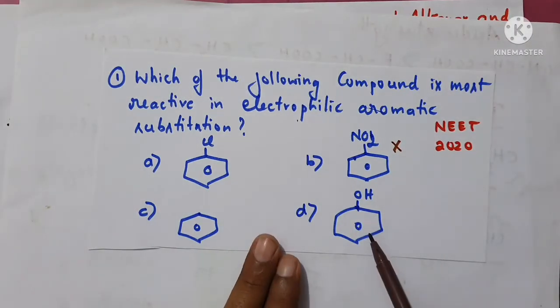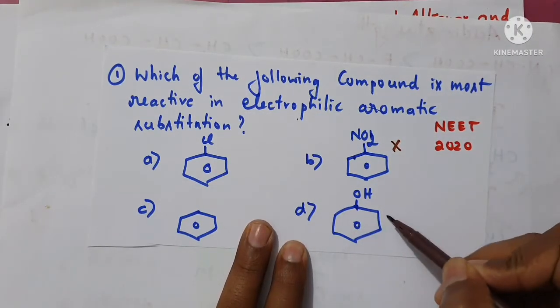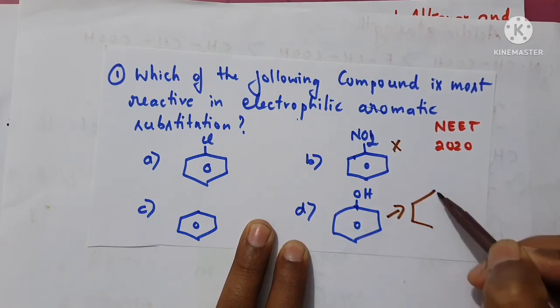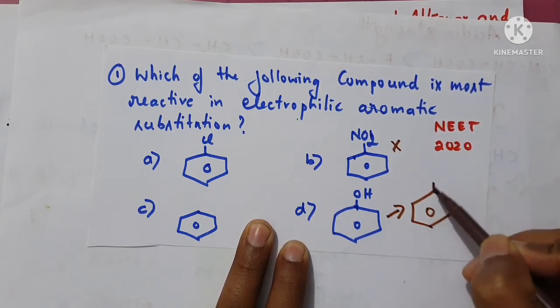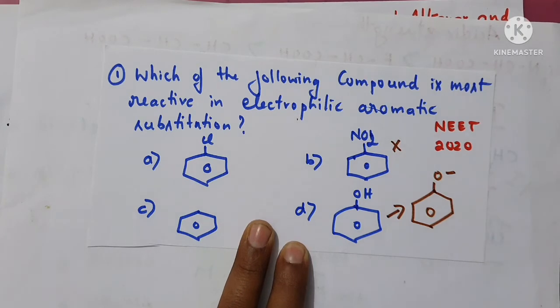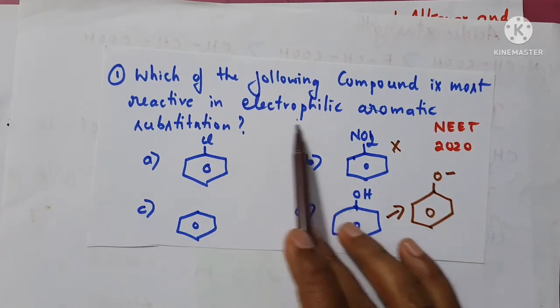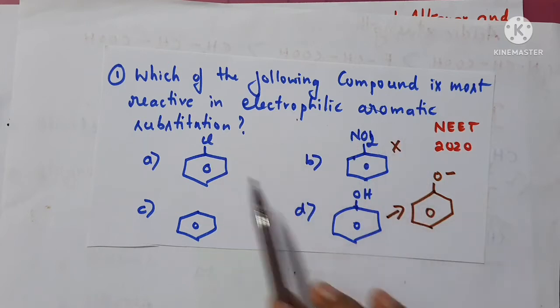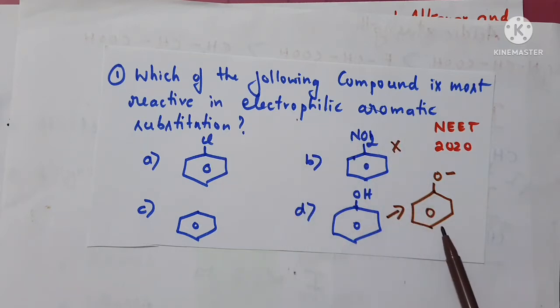This OH has the capacity to form a phenoxide ion, because of which the electron density on the benzene increases, and due to which the electrophilic substitution reaction will become most reactive.